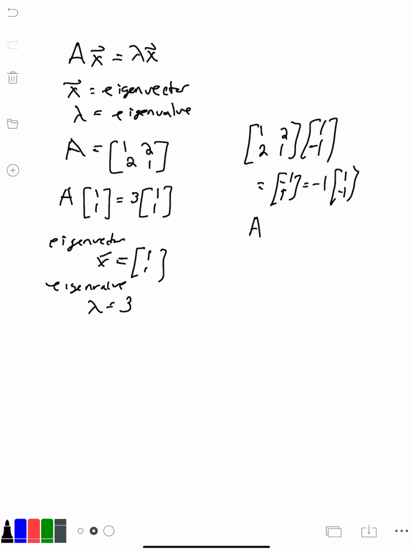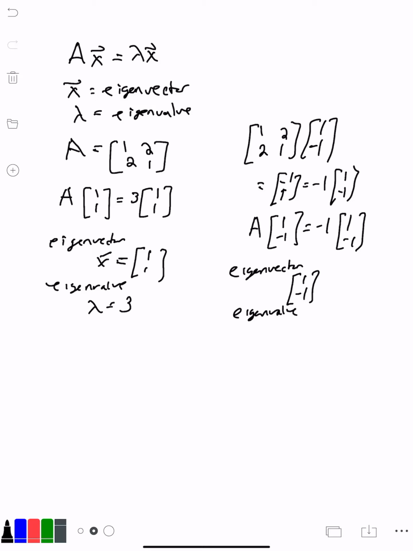So in other words, A times 1, negative 1 is negative 1 times 1, negative 1. So that means my eigenvector would be the direction 1, negative 1, and my eigenvalue would be negative 1 here.